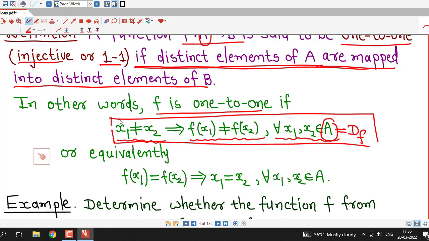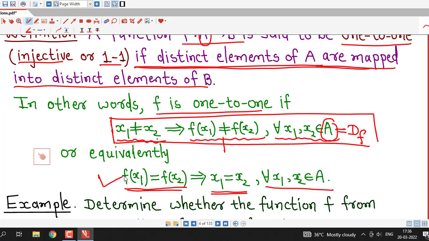This statement says that distinct elements have distinct images. So we can write that if two elements x1 and x2 have the same images, then x1 and x2 cannot be distinct. f of x1 equal to f of x2 must imply x1 and x2 are equal.